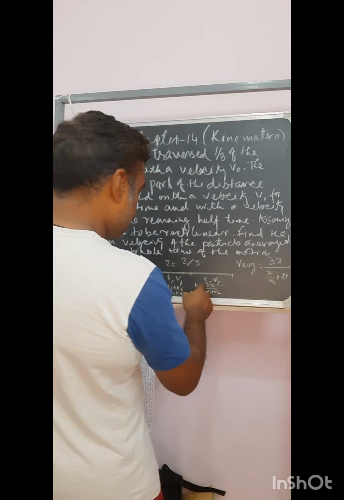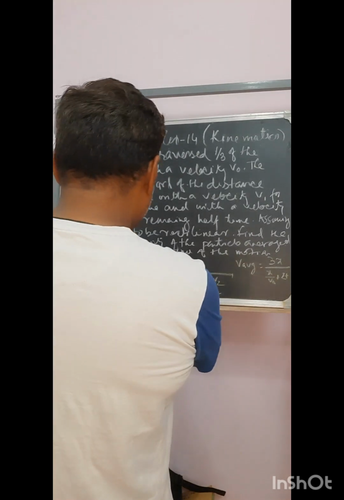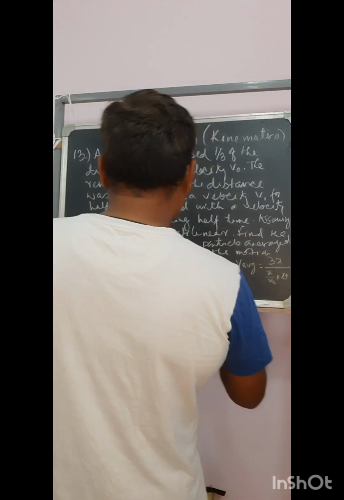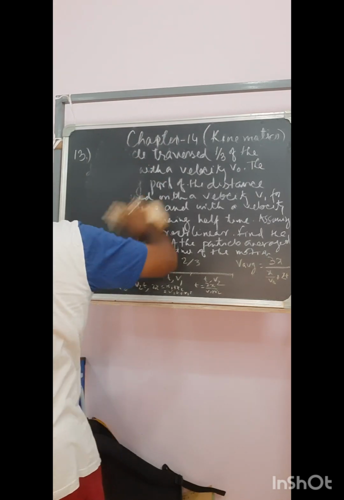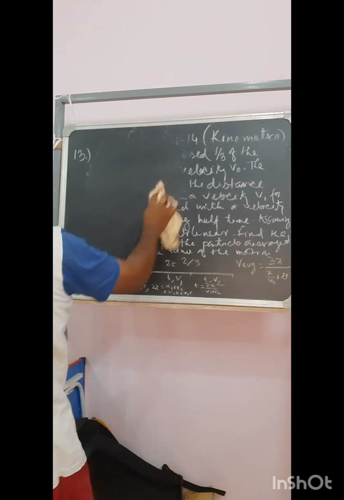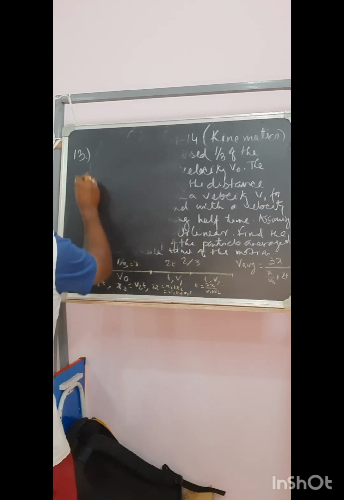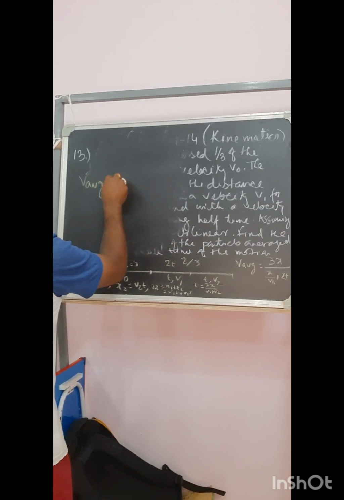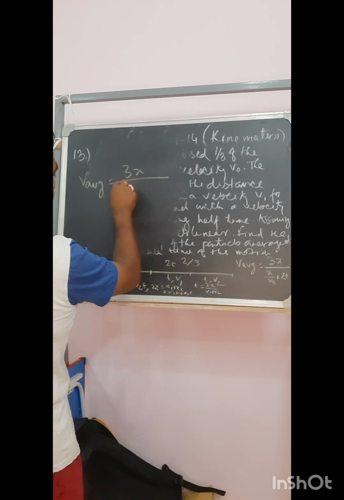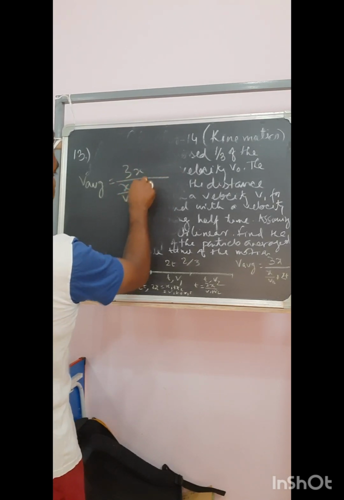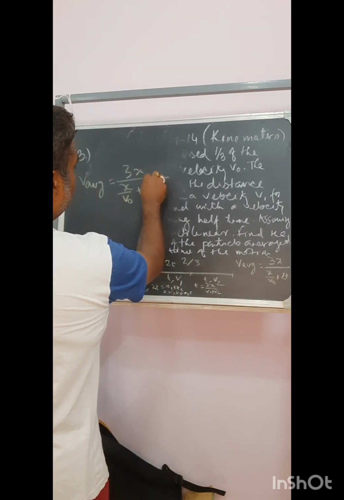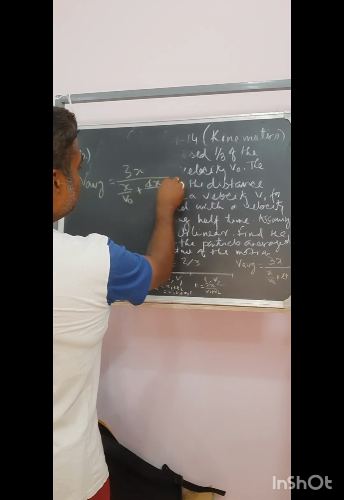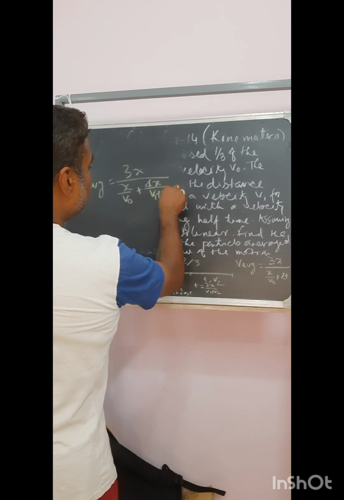So v average equals 3x upon x by v0 plus 2t, where t is 2x over (v1 plus v2), so 4x by (v1 plus v2).